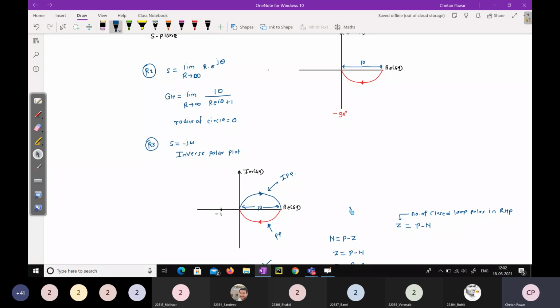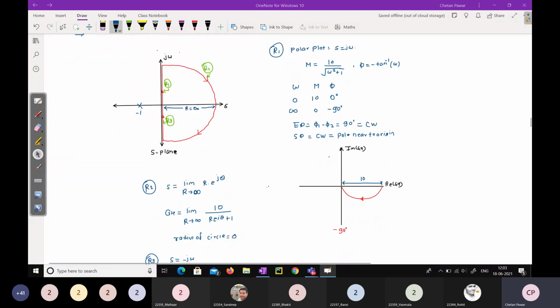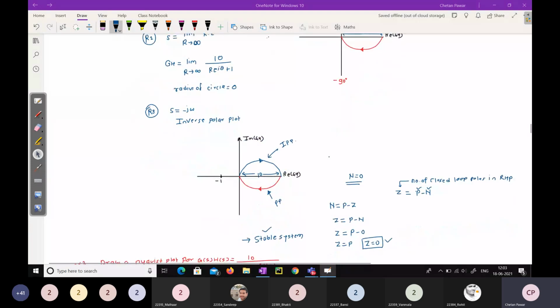Now I need to find the value of P, the open loop poles inside the contour. If you see the contour, there are no open loop poles inside it, so P will be 0.